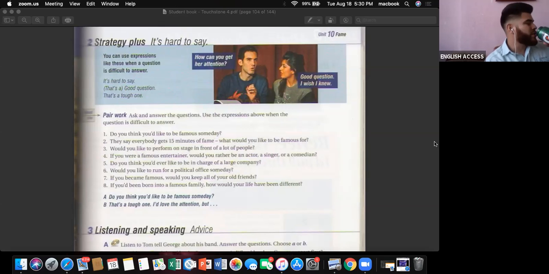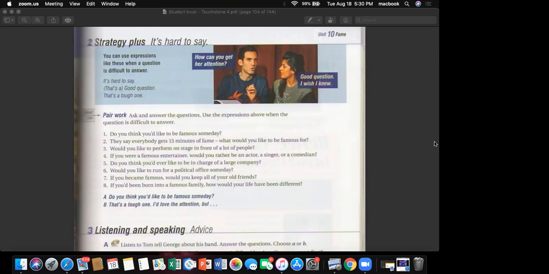What did you learn about Yasmin? And she would like to be a singer, and she would like to be in charge of a large company, and she will keep all her friends if she became famous.